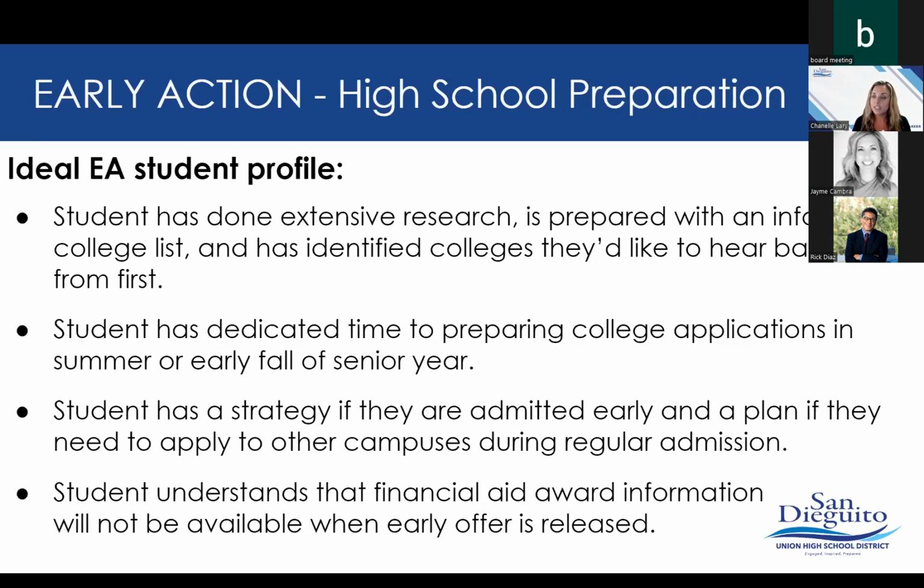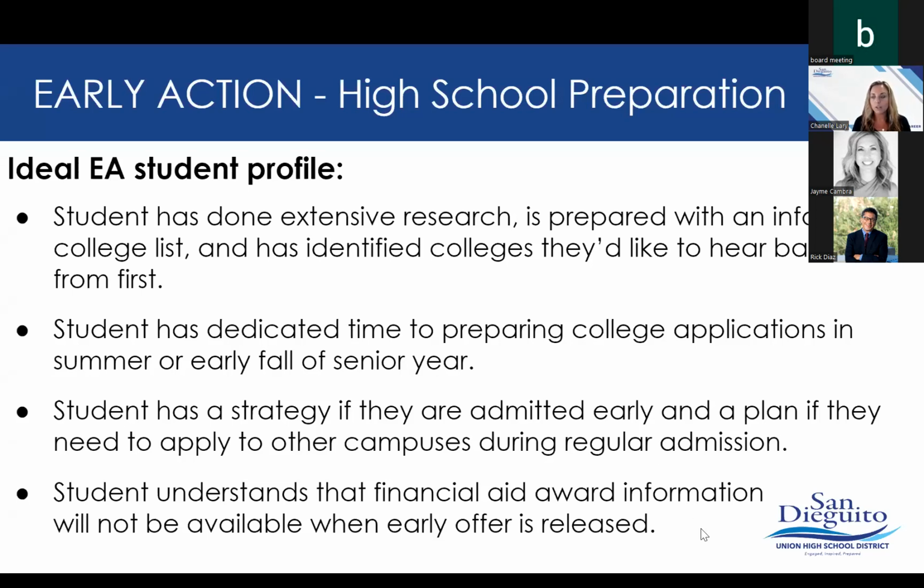They have a strategy if they're admitted early, and they have a plan depending on the decisions that start coming in, to maybe expand those applications into the regular admission season, depending on what those decisions look like. And then they also understand that oftentimes applying early might mean that there may not be as much financial aid information at the time, especially this year with the FAFSA, the Better FAFSA not being released until December, which we do have that webinar coming up.